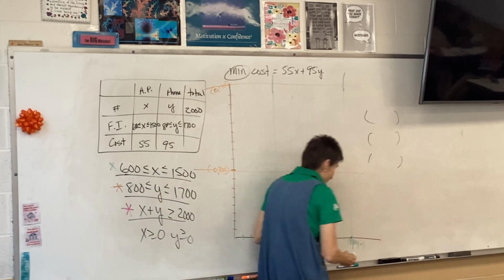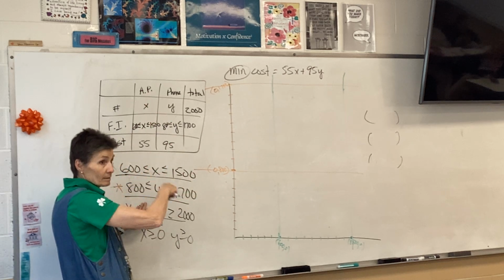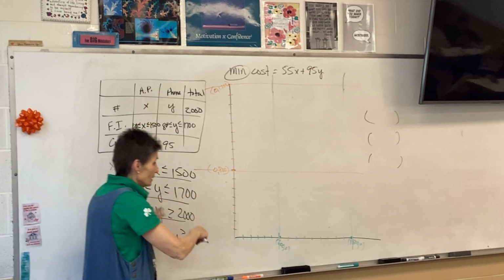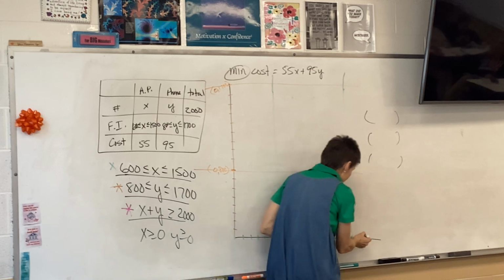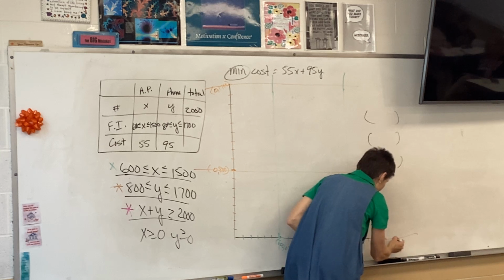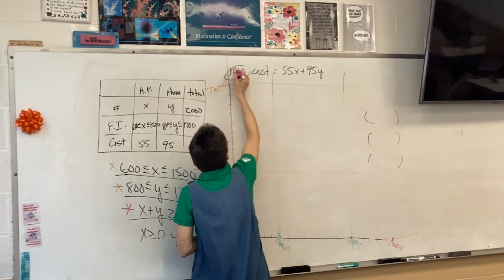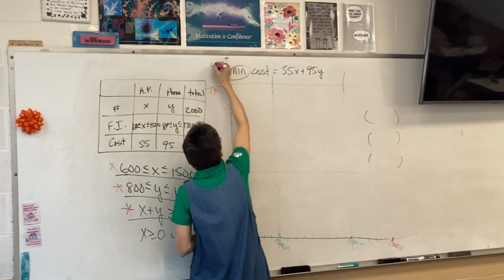Alright, and I need to go 20 and 20 for that one, so 15, 16, 17, 18, 19, 20, there's 20, 2,000. And then 18, 19, 20.